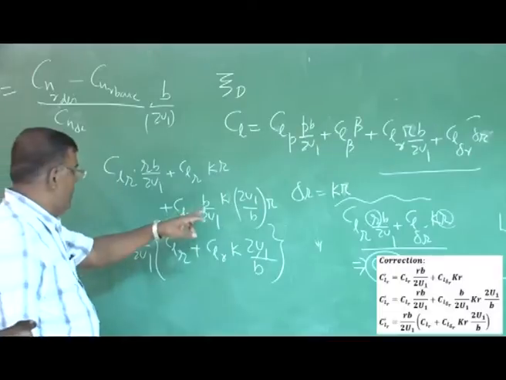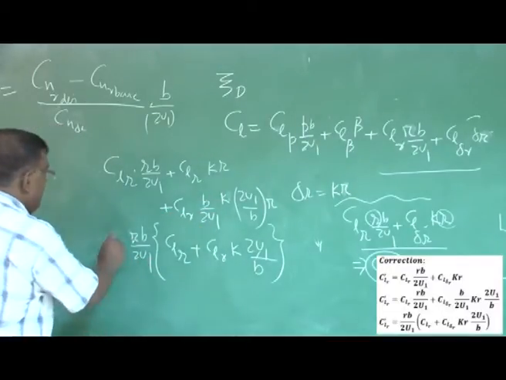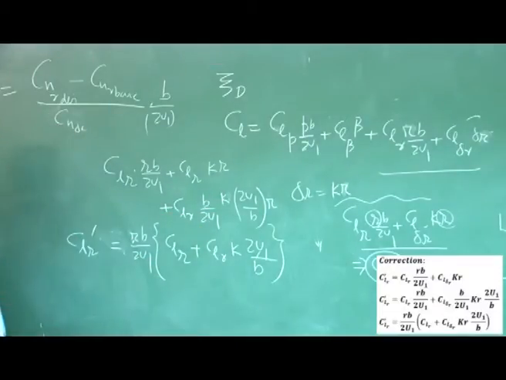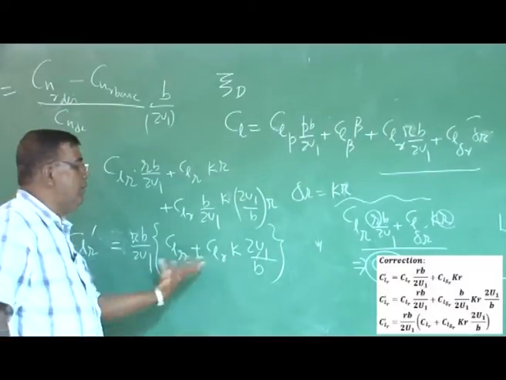Because I have taken RB by 2U1 out, yes, correct. You can do it yourself also. Please understand this. So this is the effective CLR now, the sum of all this.